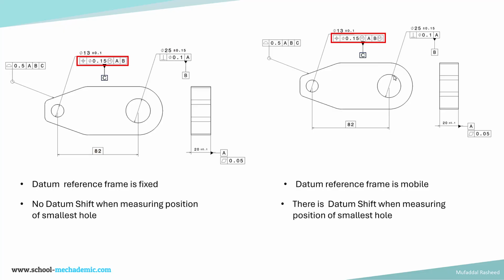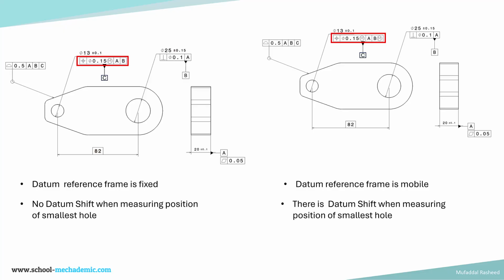So when the datum feature B is at maximum material condition, the position control is 0.15. Whereas over here, there is no M modifier. That means that irrespective of the size of datum feature B, the position control 0.15 is applicable. Whereas over here, the position control is applicable at maximum material condition of B.